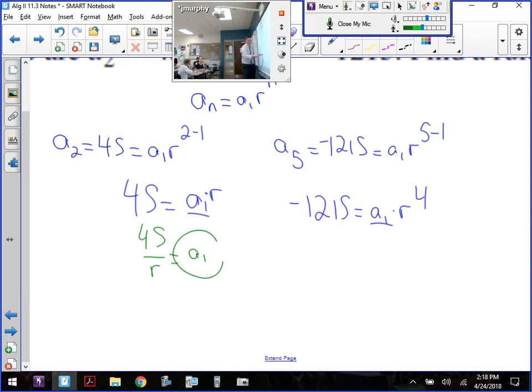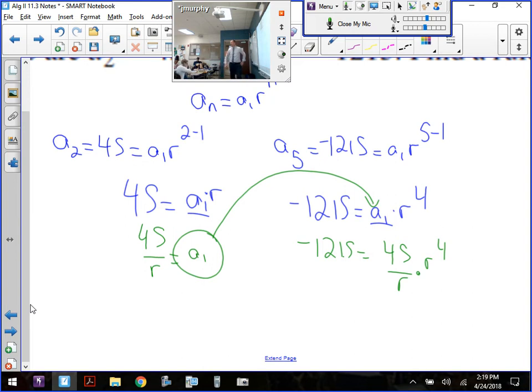Now I can take this here. Does that make more sense? It's cleaner. Because now you get negative 1215 is 45 over r times r to the 4th. What does r to the 4th over r simplify to be? R to the 3rd. That's the reason why we do it this way, because you always want to get the first term by itself.